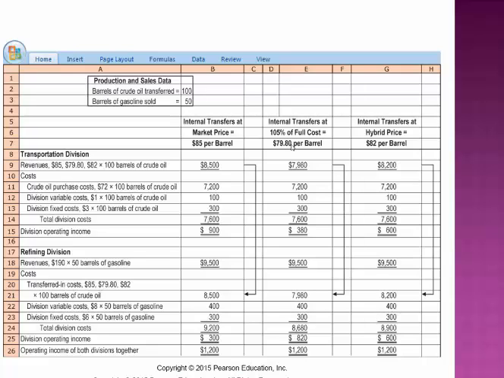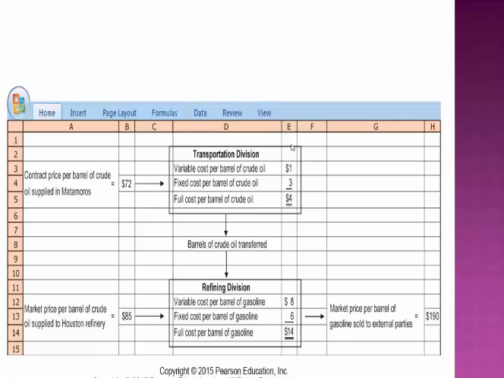Basically what we did is we took the transportation division's $72, we added to it their other costs, their variable cost and their fixed cost, a total of 4, to give us a total of 76, and then we mark that up by 5%, or 105%.